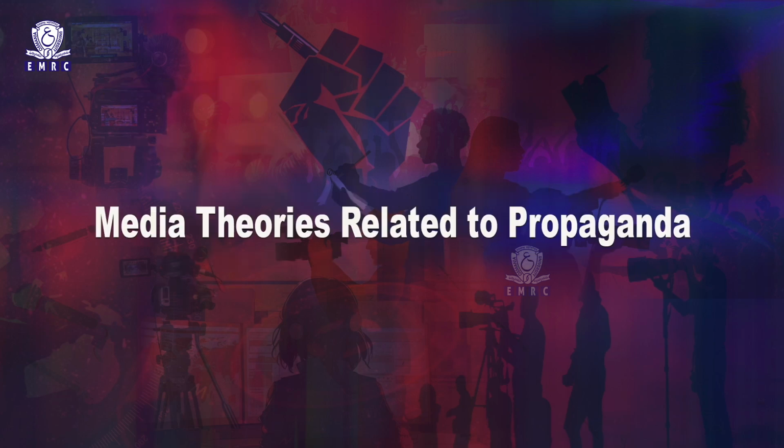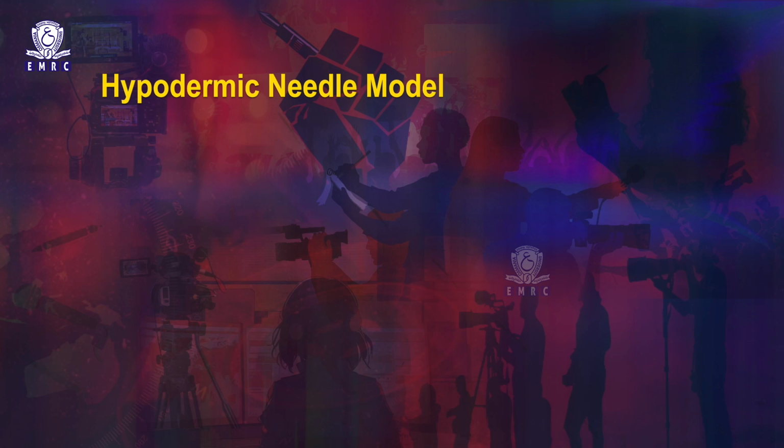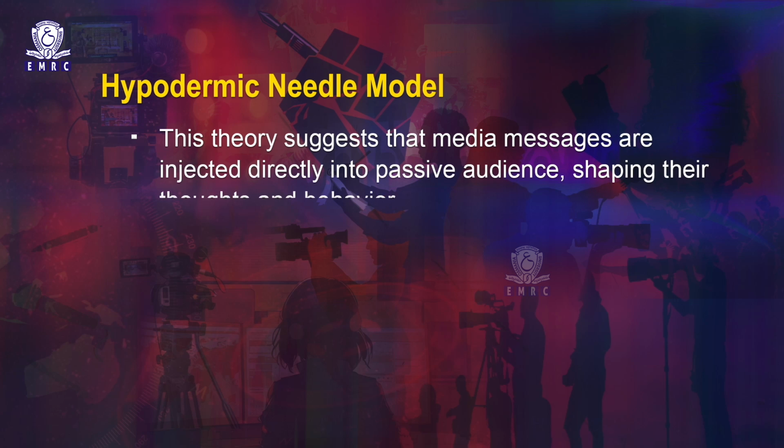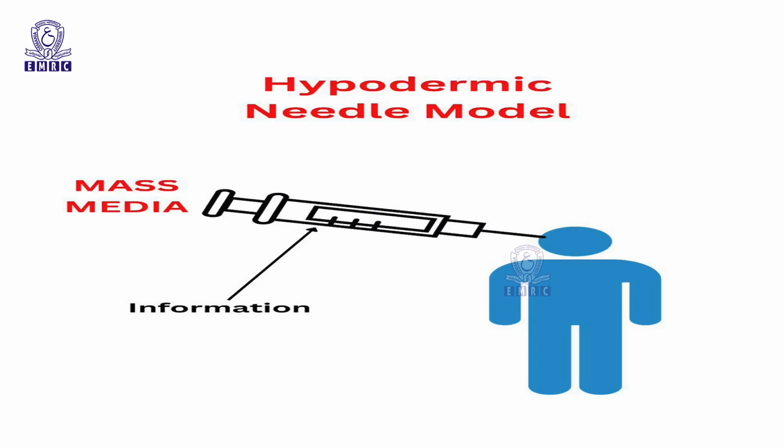Media theories related to propaganda. Hypodermic needle model. This theory suggests that media messages are injected directly into passive audience, shaping their thoughts and behavior. In the context of propaganda, this model implies one-way flow of information with a powerful media influencing a passive audience.